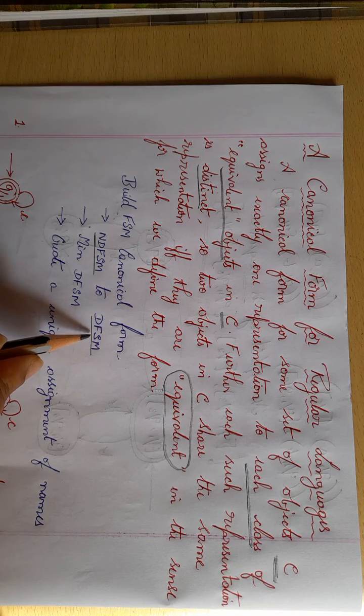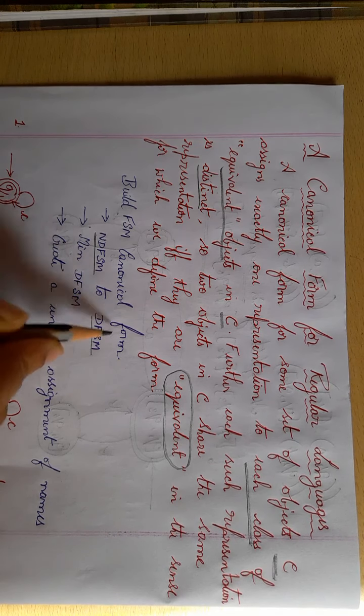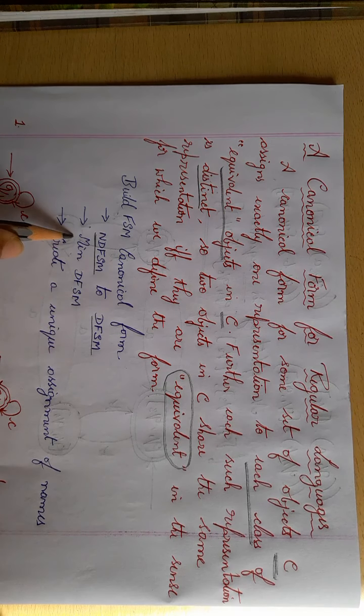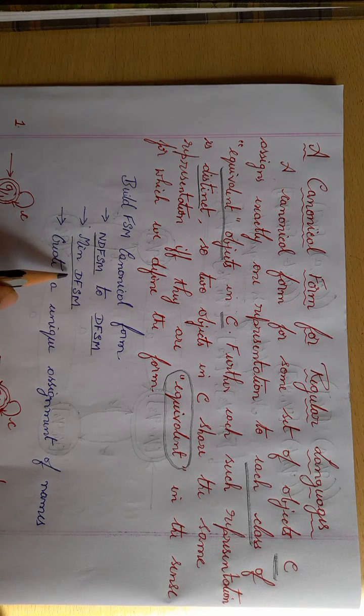Once you are done with this, you have to minimize the existing deterministic finite state machine. After conversion, the next step is to minimize it. You have studied minimizing a DFSM in the previous topic.